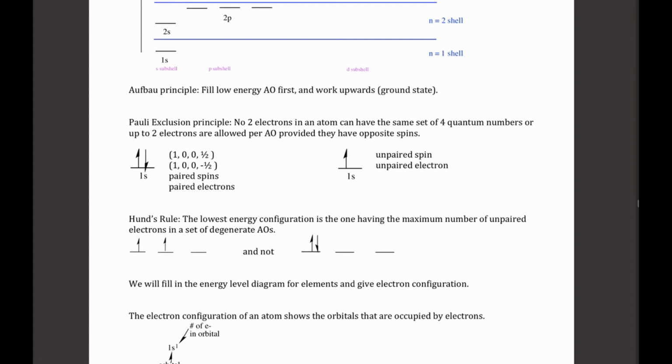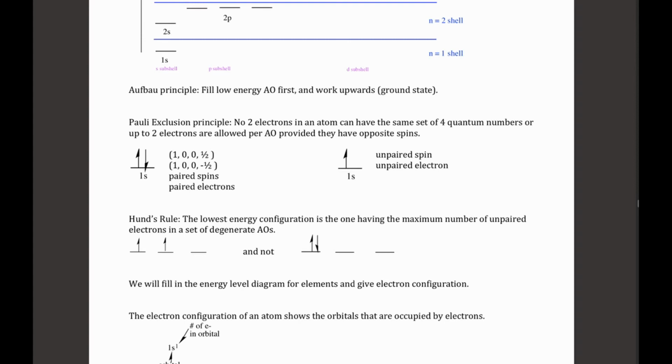Notice they both have the first 3 quantum numbers 1, 0, 0 because that's the same atomic orbital, and that's what those first 3 quantum numbers describe as the atomic orbital. Those 2 electrons, we say, have paired spins. They are paired electrons.